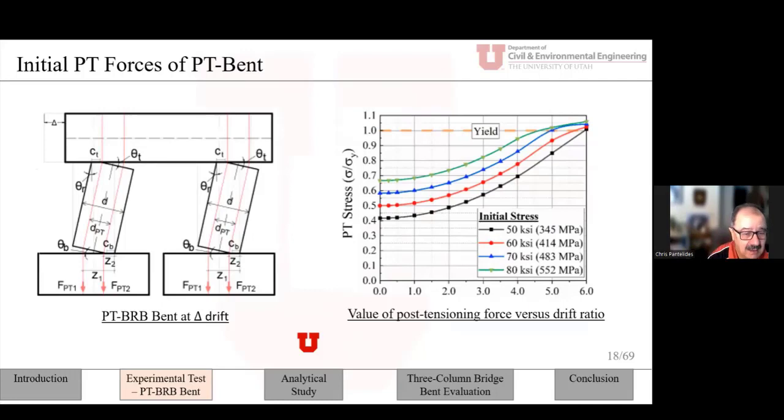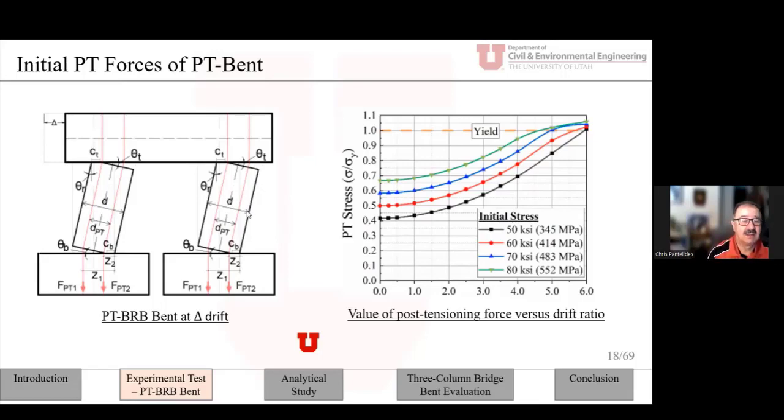So as you increase delta, or the drift ratio, which is delta over H, as I described earlier, you can see that for different initial post-tensioning stresses, these stresses are going to increase as the lateral drift increases. And of course, one of the key elements here is, depending on what your target drift is, you can find out whether or not at that target drift, the post-tensioning bars are going to yield or not.